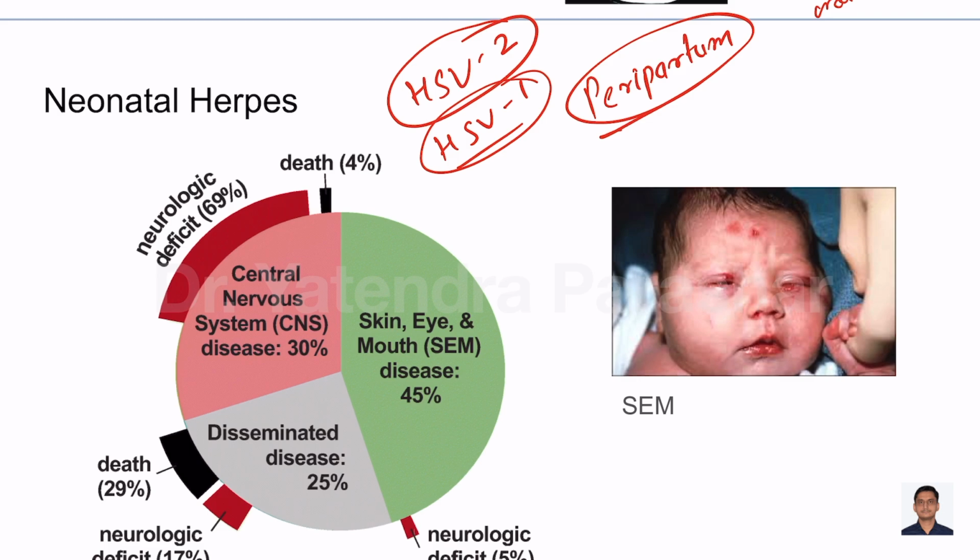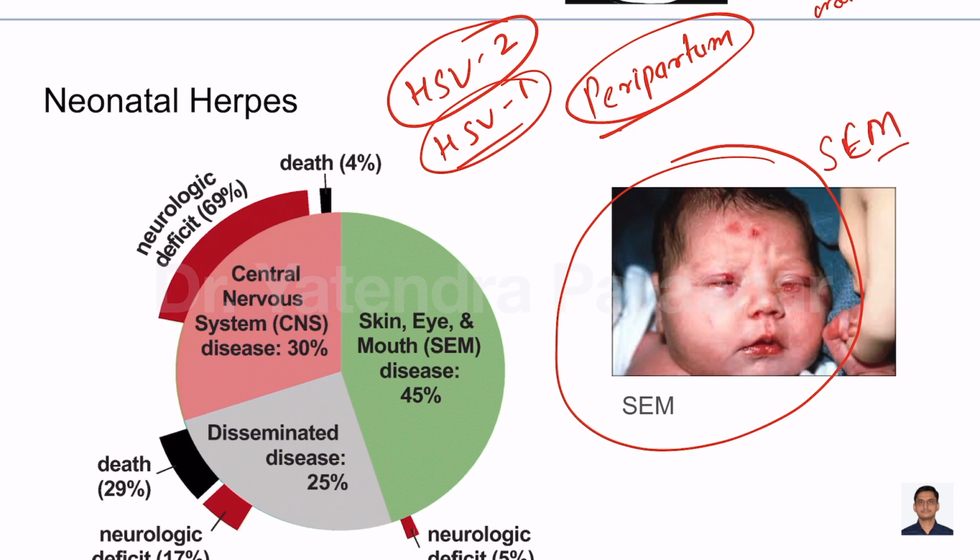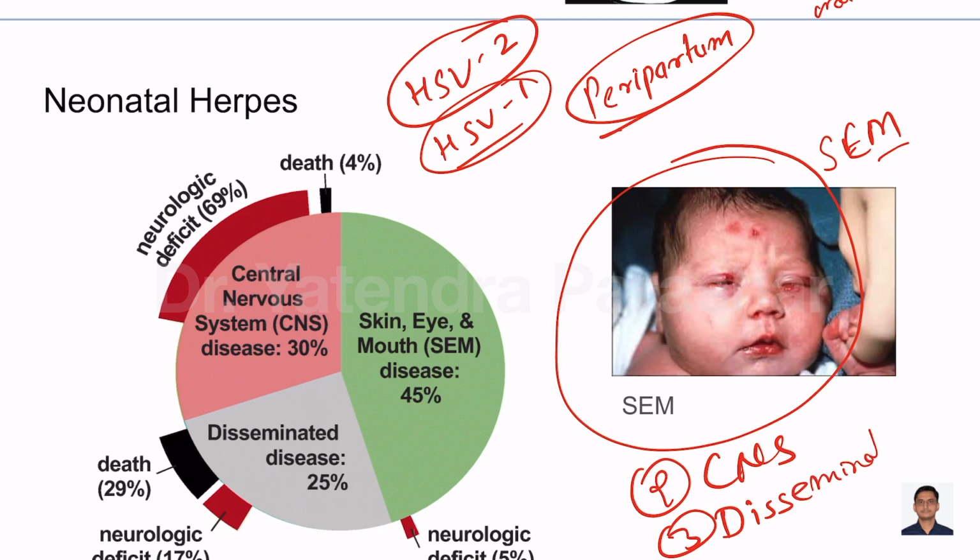The clinical features include three forms of the disease. First is localized skin, eye, and mouth involvement, that is SEM. Second is CNS disease, and third is a sepsis-like presentation, which is known as disseminated disease.